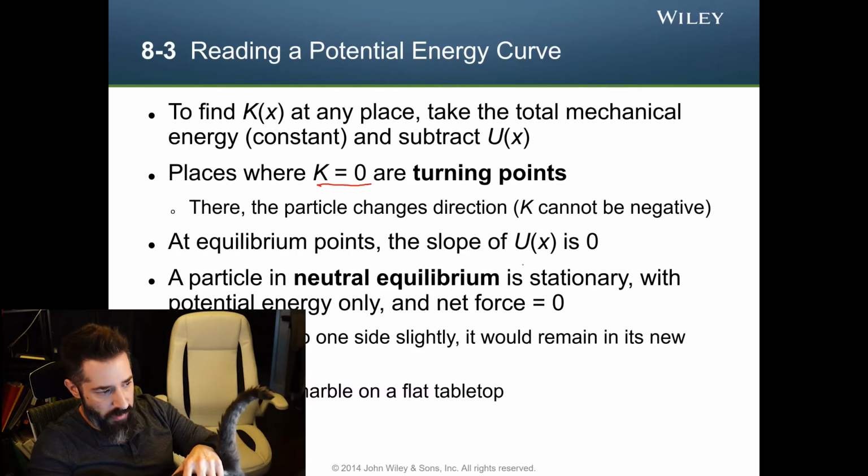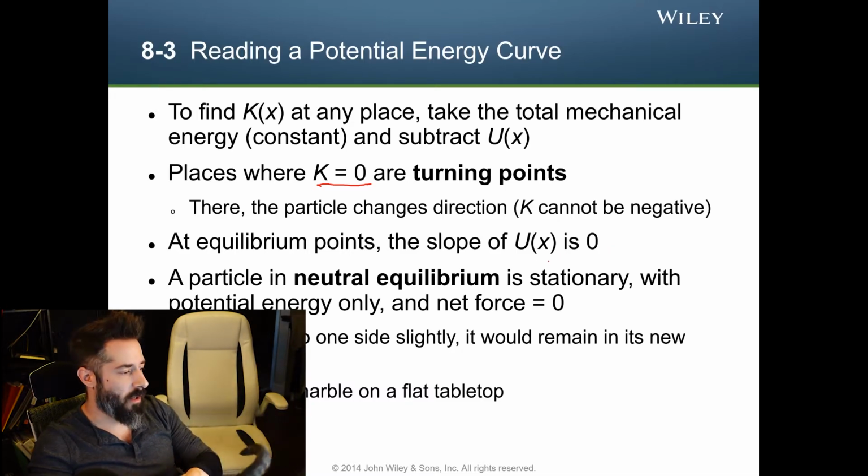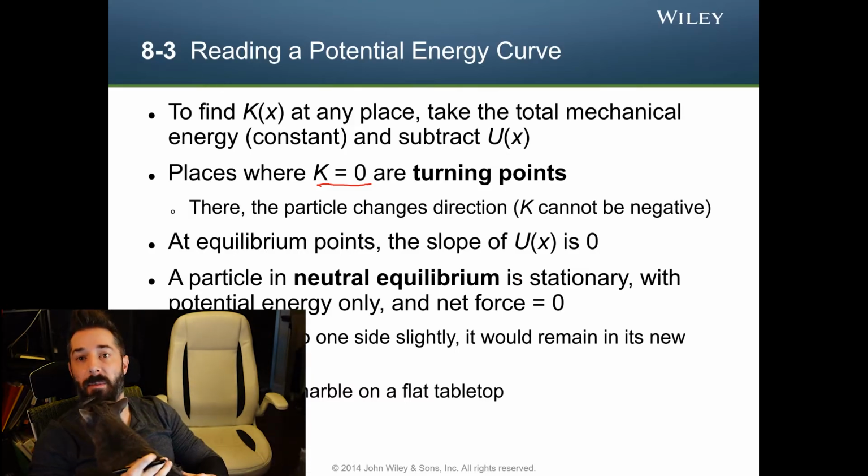So you have the equilibrium points. The slope of the potential is then 0. This will be easier when you look at the graphical version here in a second, I think. A particle is then in neutral equilibrium, and neutral equilibrium is what they're talking about when it's like a ball on a table, right?